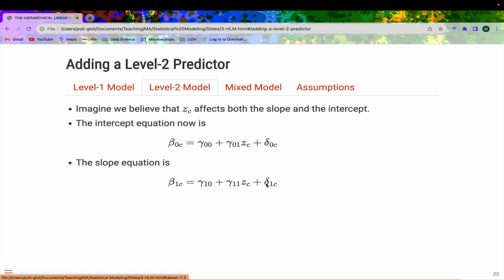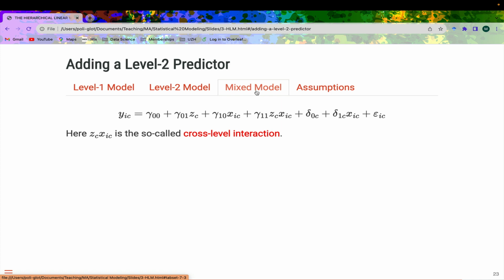Now, wait and see what happens when we substitute the level 2 model equations into the level 1 model. We get the next mixed model, and that is going to have the following structure. YIC equals gamma 0 0 plus gamma 0 1 ZC plus gamma 1 0 XIC plus gamma 1 1 ZC times XIC, plus this error term that we saw before, delta 0 C plus delta 1 C XIC plus epsilon IC.